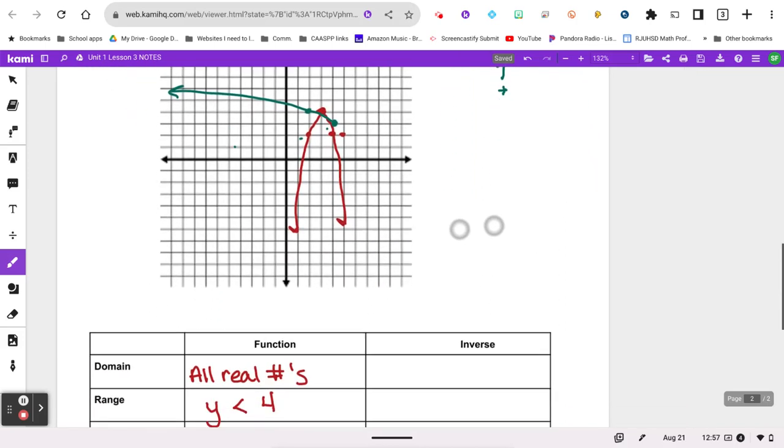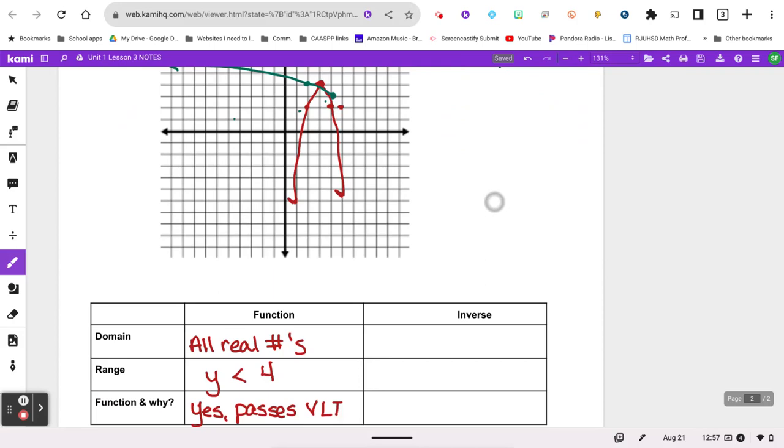Now, if we go through domain and range, the domain is the x values. They stop; they don't go further when x is greater than 4. So it's all the numbers less than 4. If you notice, it's very similar to that one. Now, for the range, we could infer that it would be all real numbers, except that we limited this.